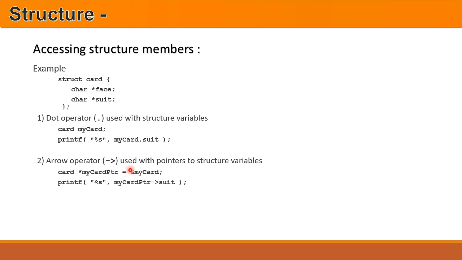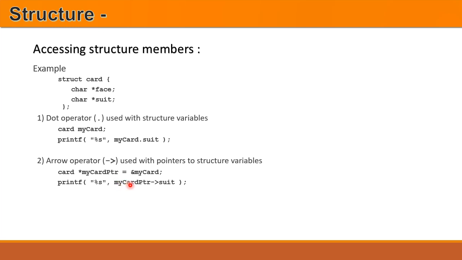Mycard is our variable, and we are assigning the address of mycard to this pointer variable. If we have to access the members of mycard, we can use this pointer and the arrow operator.